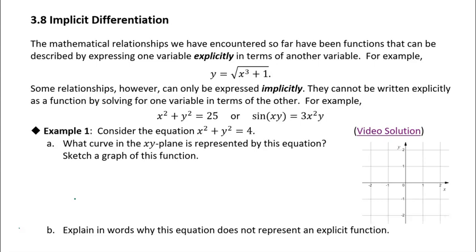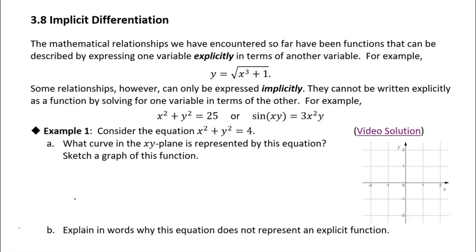Now, this first one, x squared plus y squared equals 25, we could try to solve for y, but you get y squared equals 25 minus x squared. And then to get y by itself, we'd have to take the square root of both sides. And when we do that, we would get the plus square root of 25 minus x squared and minus square root of 25 minus x squared.